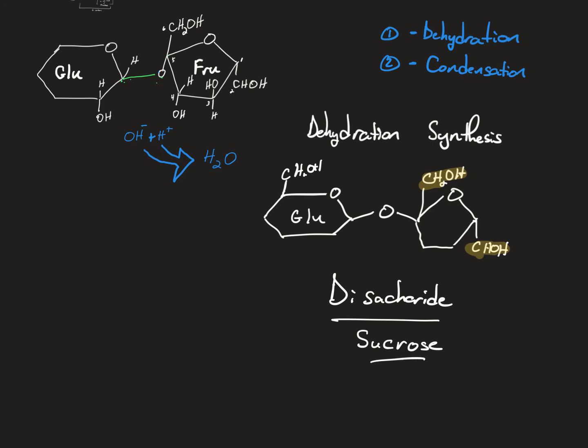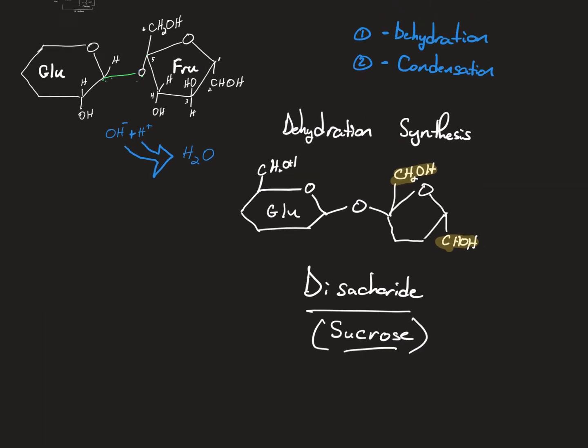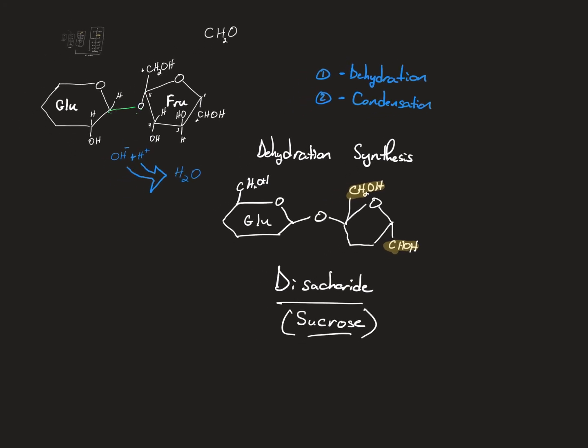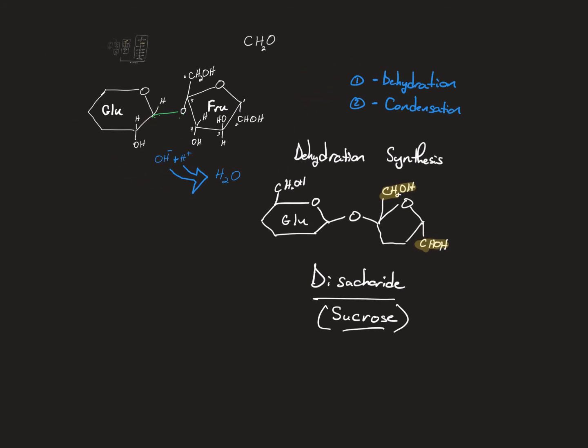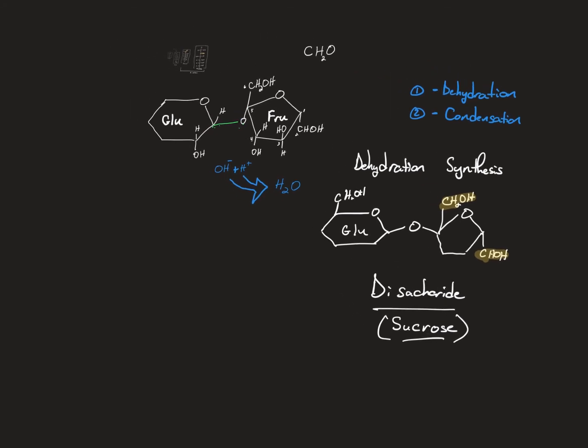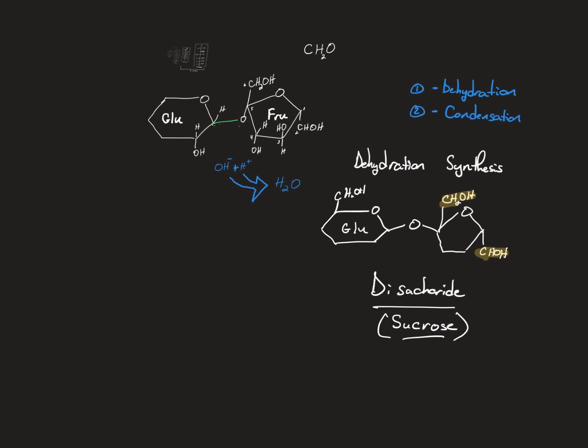This is table sugar. This is what you eat all the time, the white sugar that's in the bag. So disaccharides are found in nature a lot. There's a number of them. There's another disaccharide I'm sure you've heard of. I'm going to go ahead and say that there's a disaccharide called lactose that I know you've heard of.